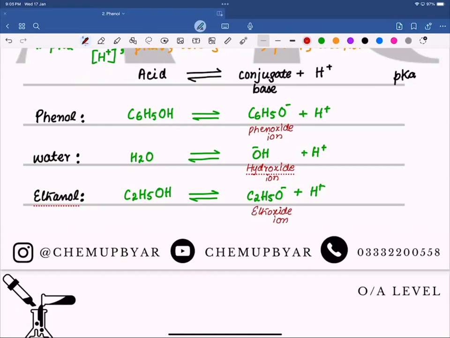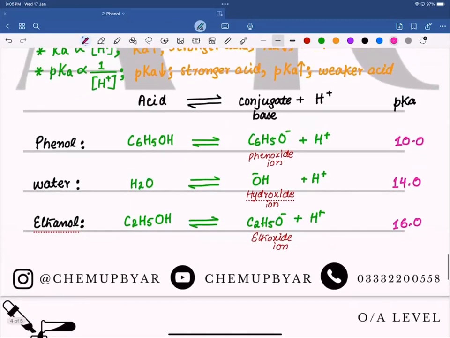So if we look at the pKa values, the pKa value of phenol is 10, water is 14, and ethanol is 16. So what does the pKa value tell us about their relative strength?